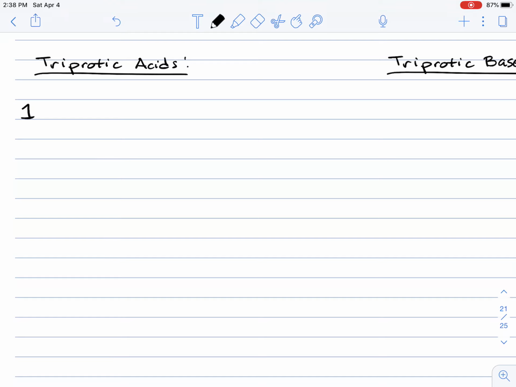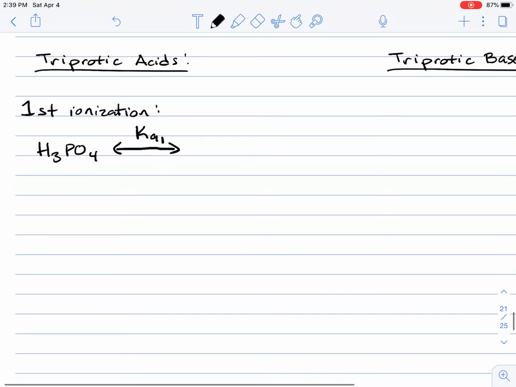And so we're going to go ahead and write the first ionization step for this triprotic acid. We're going to use phosphoric acid as our example. The first ionization is going to be represented by the equilibrium constant Ka1. And when the first ionization occurs, you guys are going to get H2PO4 and then a hydrogen ion.